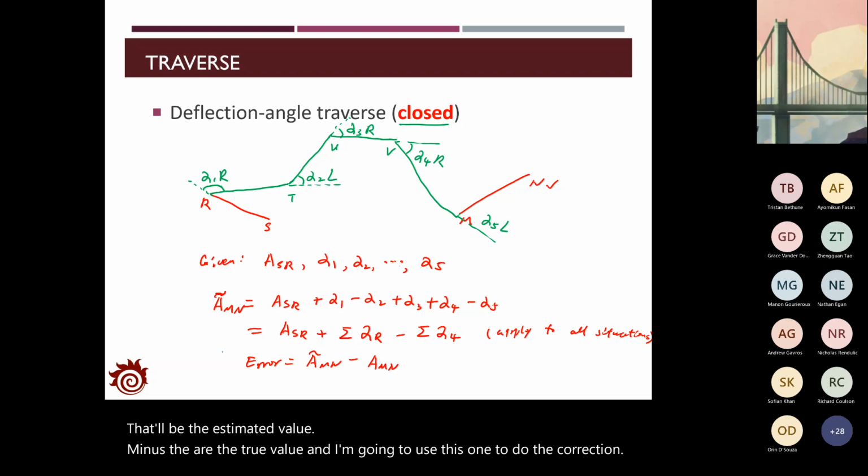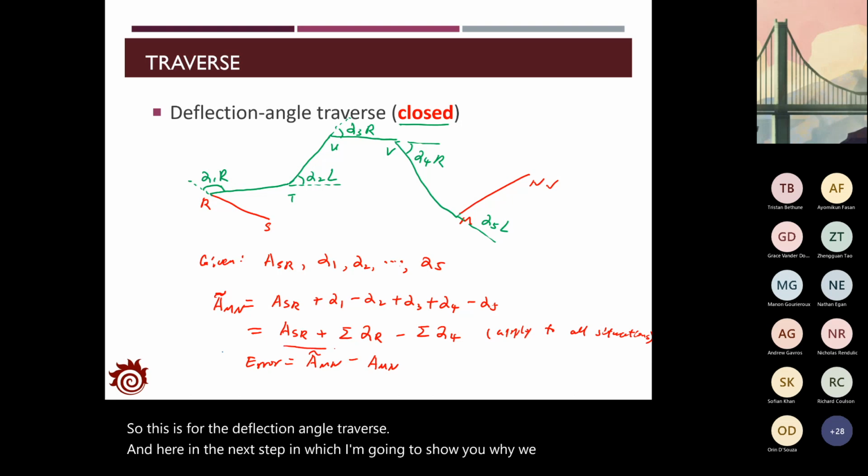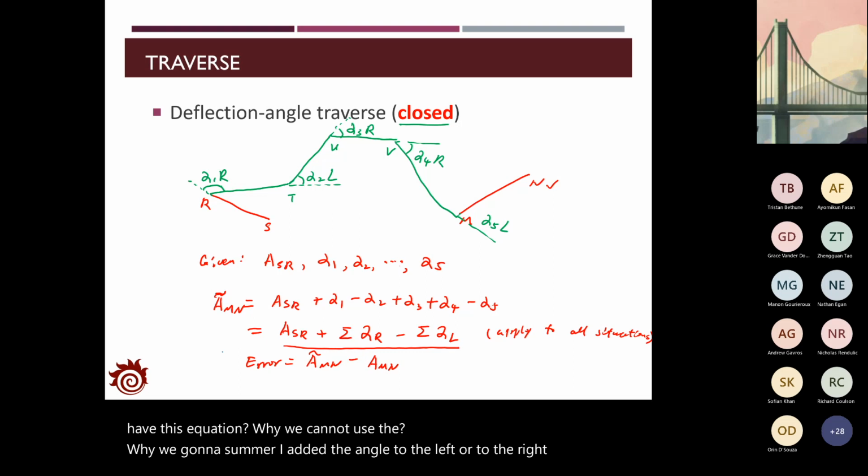So this is for the deflection angle traverse. And in the next step, I'm going to show you why we have this equation, why we add the angles to the right, and why we subtract the angles to the left.